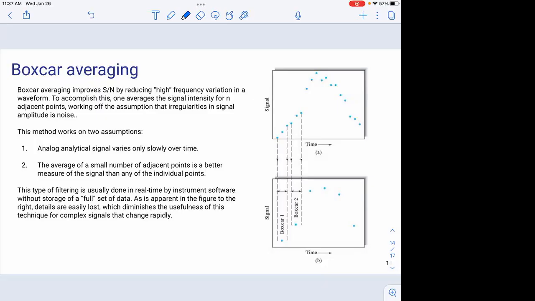And you have to consider that the average of a small number of adjacent points is a better measure of signal than any of the individual points. So you could imagine, if you had high frequency noise here, it would be much easier to say, what's the average across this span? Put it right here in the middle. What's the average across this span? Put it right here in the middle. Right, so it's a great way to limit high frequency noise.